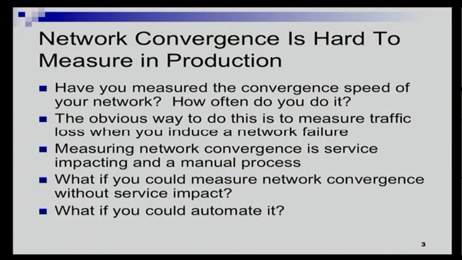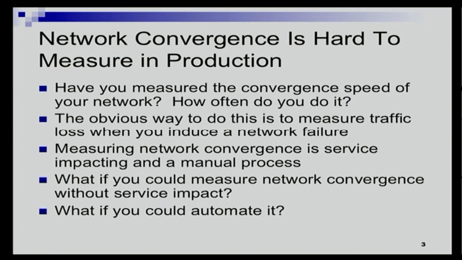Because to measure it, I've done this on some production networks, and the way you do it is, well, we ran packets across the network and caused a failure in the network and sort of counted how many packets were lost, and that gives you a measure of how fast the network responded. So there are two really obvious problems with that.